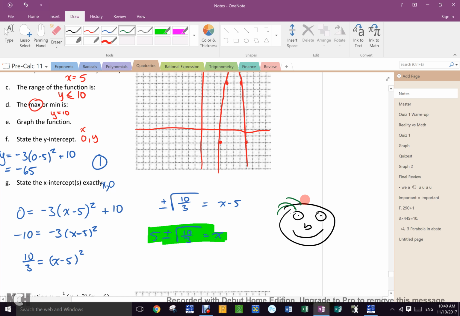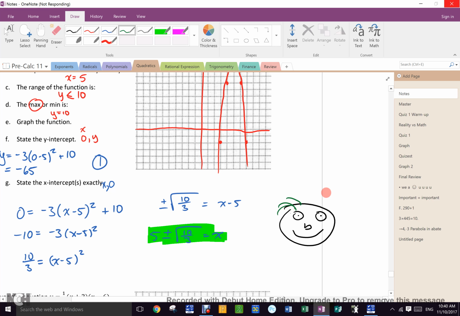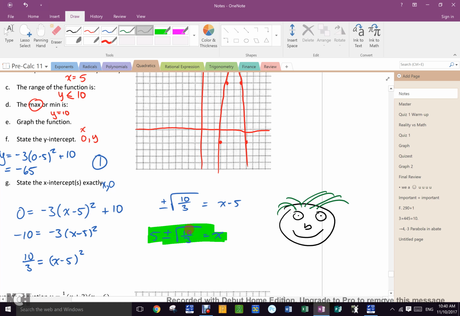Now, that answer makes me this happy. I don't have green hair. I have gray hair. That happy. Is there a way you can write this from your second unit that would make me this happy?